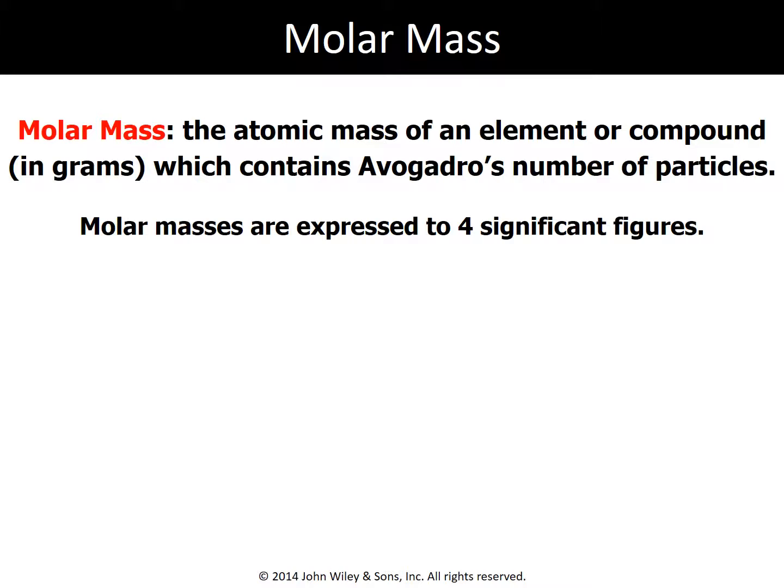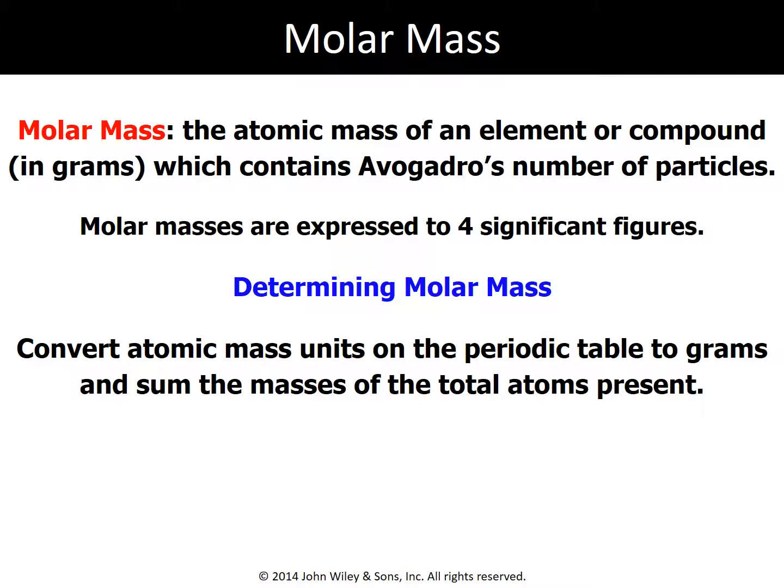So when we talk about molar mass, we're talking about the mass of 1 mole of an element or a compound. And so molar masses are usually expressed to 4 significant figures. And by determining molar mass, we're going to again use the atomic mass that we see on the periodic table.